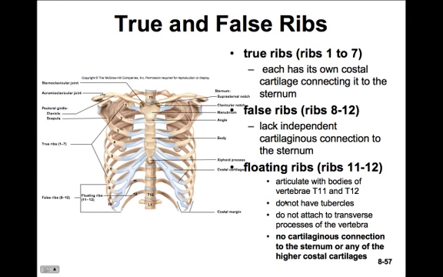And then floating ribs, 11 and 12, articulate just with the body of the vertebrae. They don't have tubercles, so they don't attach to a transverse process, and they have no cartilaginous connection to the sternum. So that brings us to the end of our section on the vertebral column and thoracic cage.